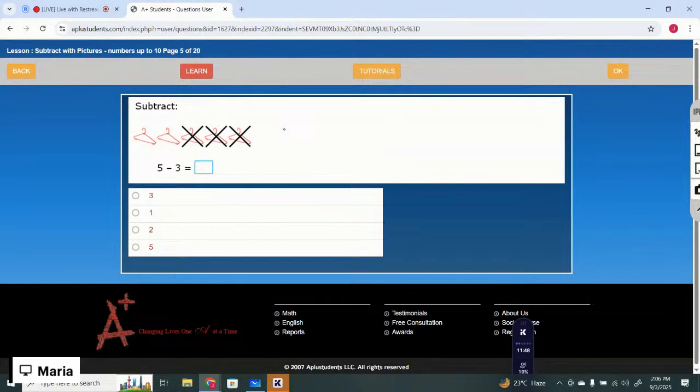Five take away 3. Yes, that is 2. Option number 3 is the correct option.